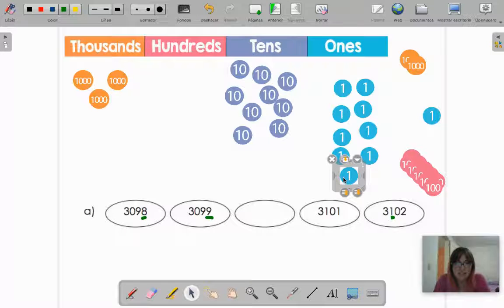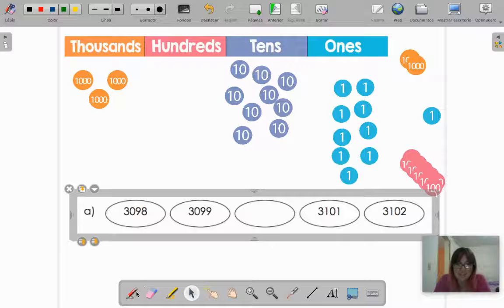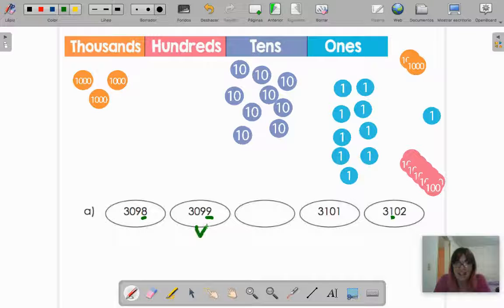I got confused again. It's because I started with this number, it's 8. So I bring one more and it's this number that we have here, 9. Now we have 3,099.